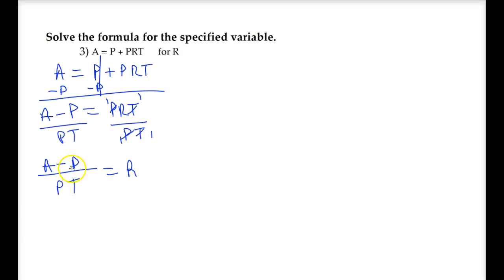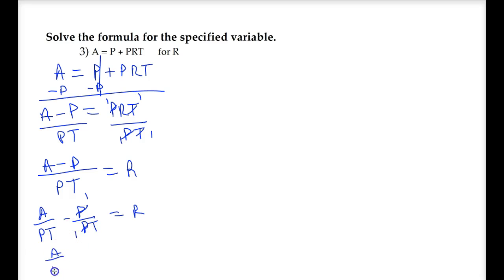Of course, if you wanted to, you could go a little bit further and you could form this into two separate fractions and say this is A divided by p times t, minus p over p times t, equals r. And if you notice, those p's would reduce to 1.